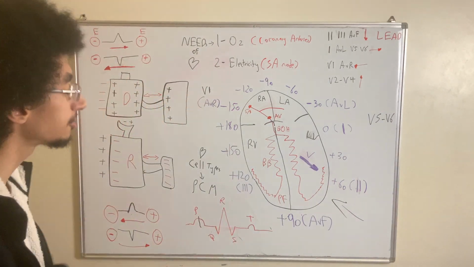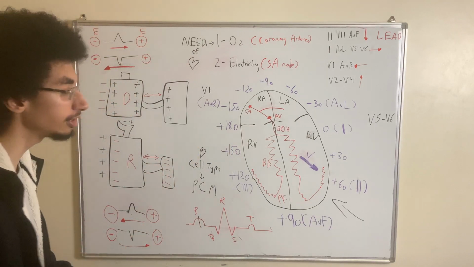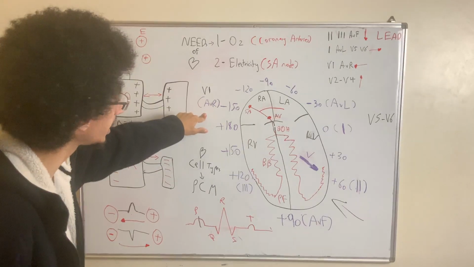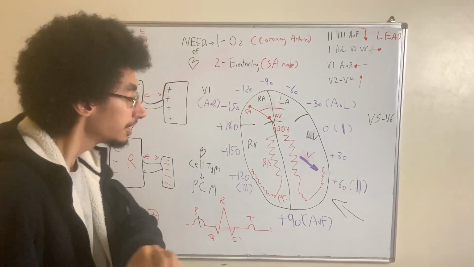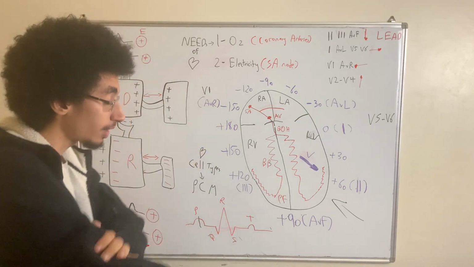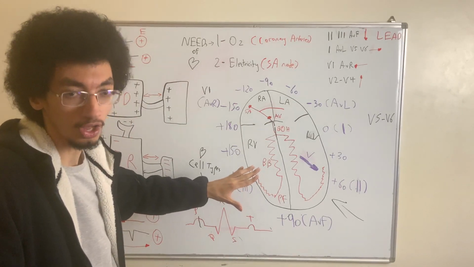So let's continue. Plus 150 degrees, plus 180 degrees. Then we reach minus 150 degrees, which is AVR. AVR is the only limb lead that is attached on the right arm, and thus records the right-sided view of the heart.